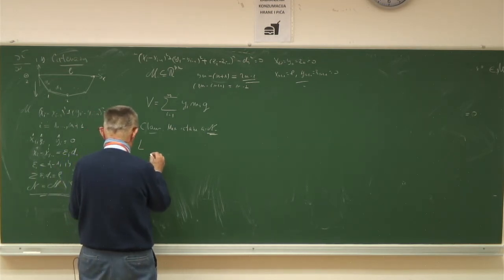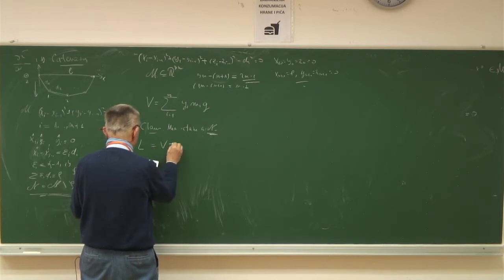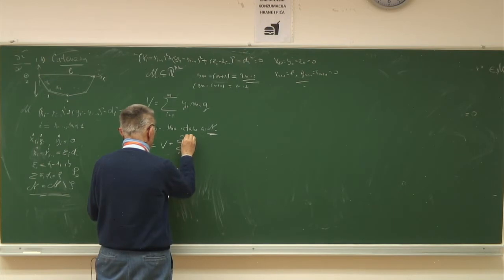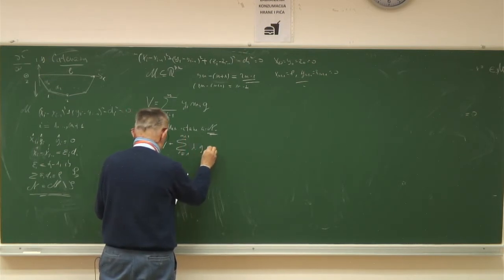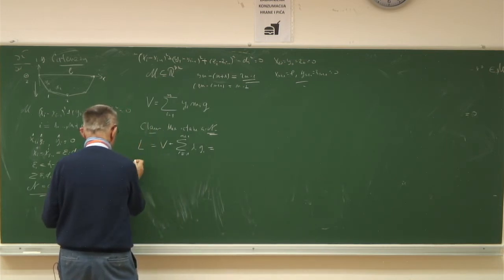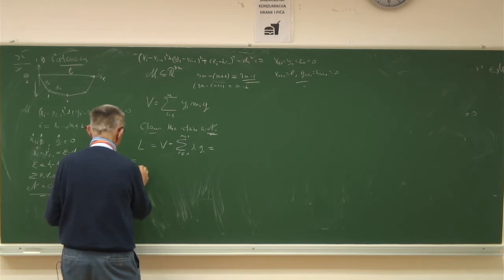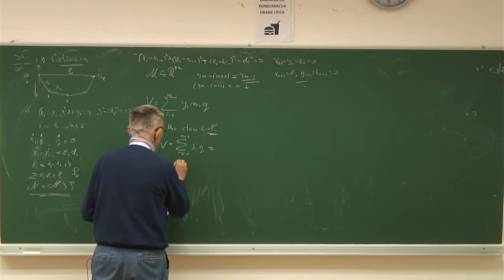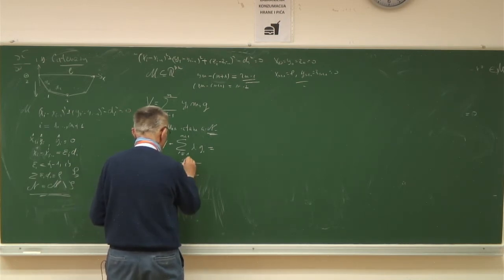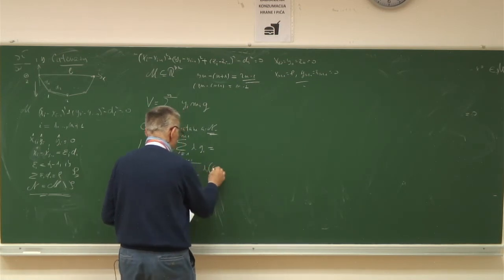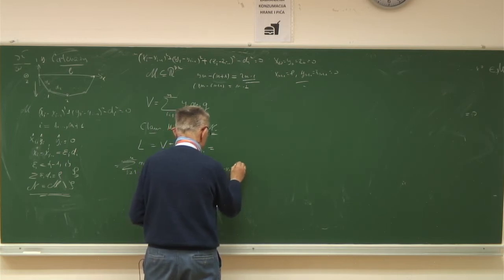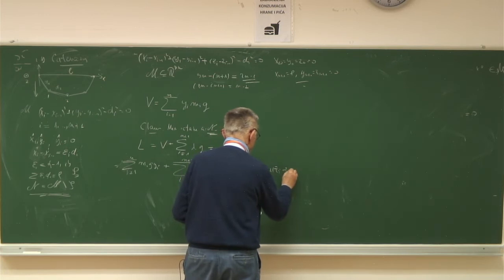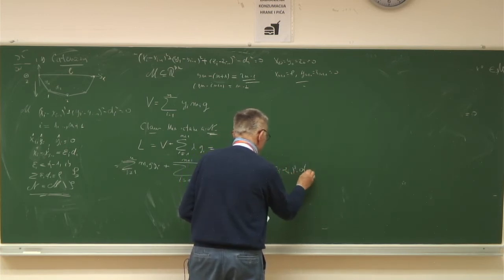That is, L is equal to V plus the sum for i equals 1 to n plus 1 of lambda_i g_i. That means V, the sum for i equals 1 to n of m_i g y_i, plus the sum for i equals 1 to n plus 1 of lambda_i times ((x_i - x_{i-1})^2 + (y_i - y_{i-1})^2 + (z_i - z_{i-1})^2 - d_i^2).